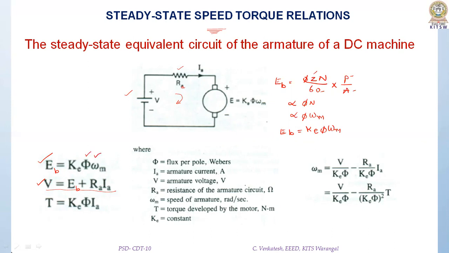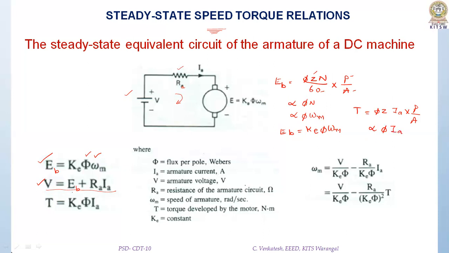Then coming to the torque equation, we have torque developed in the armature, T or TA, equal to phi Z IA into P by A. What is the observation we can make here? That this torque is proportional to flux and current, the other parameters remaining constant.